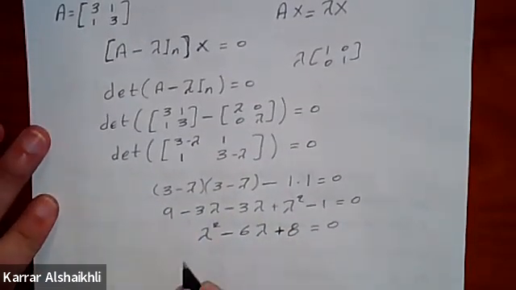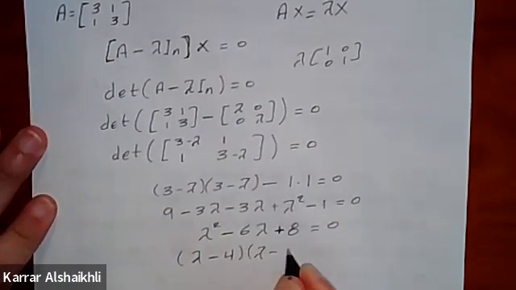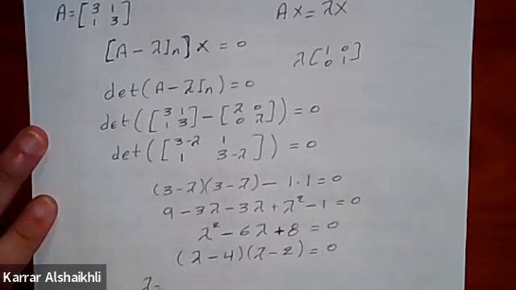So it's going to be lambda minus 4 and lambda minus 2 is going to be 0. That means lambda is going to be equal 4, and lambda is going to be equal 2.